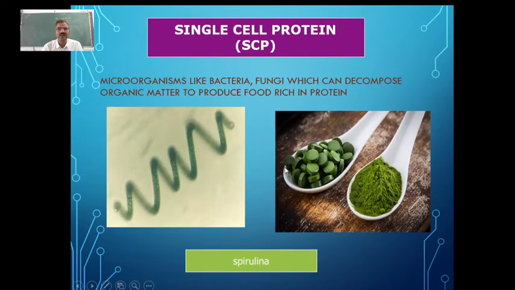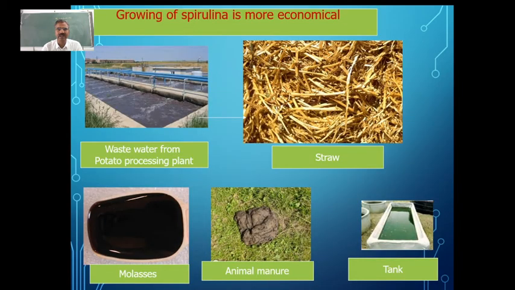You can see this is the product. You can use it in the powder form or maybe in the form of tablet. What is that actually? How do we get it? This spirulina is the bacteria which can be used to decompose the waste water from potato processing unit or maybe straw from waste plants.